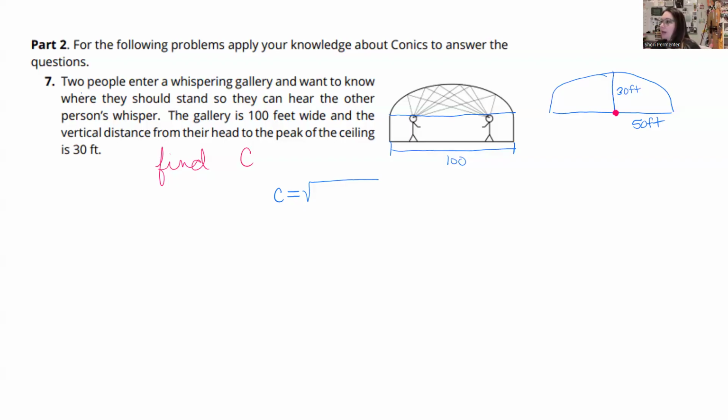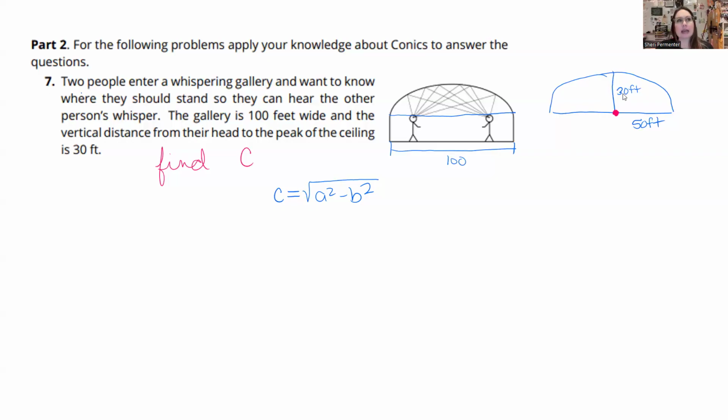For an ellipse, you add in the equation, so the formula to find C is the opposite of that. You subtract. Here's the good news: if you forgot and you did plus, your focus points would end up being outside of the ellipse, so you would figure out that you did something wrong. So you have to subtract.